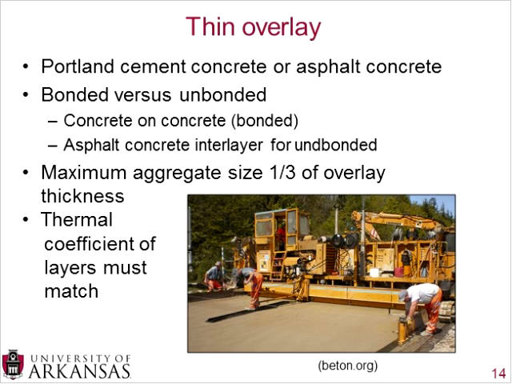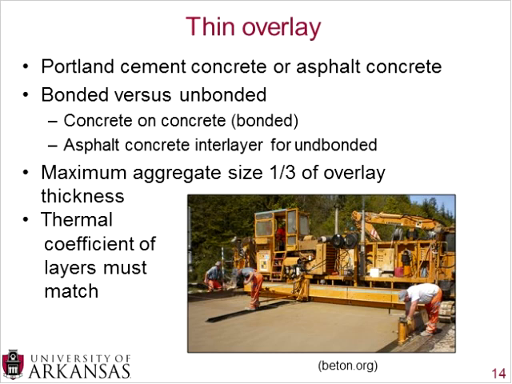But if you have some sort of asphalt concrete interlayer, so you have an existing concrete road, you place a small thin lift of asphalt concrete, and then you have Portland cement concrete on top of that, again, you have what's called unbonded. Some rules of thumb when you're doing thin overlays. First, you would like a maximum aggregate size of 1/3 of the overlay thickness.